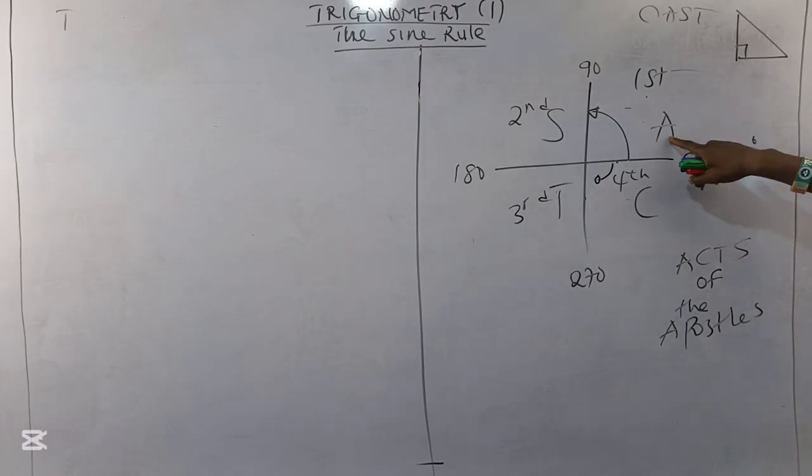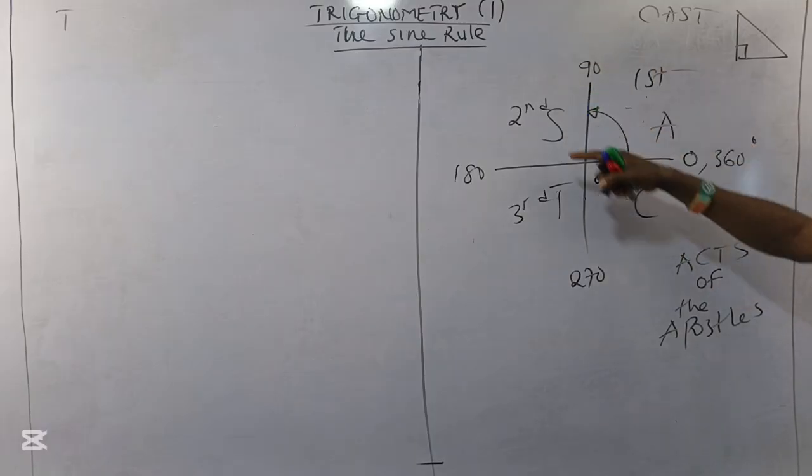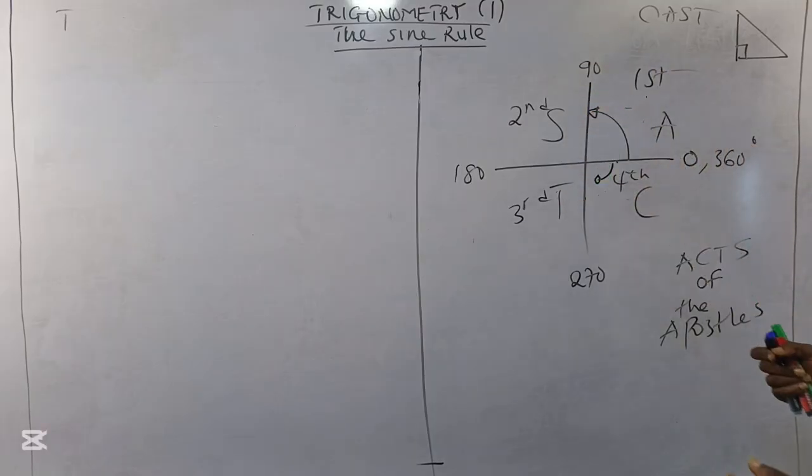You understand? A, C, T, S. Some people can put C here, put A here, and spell forward, CAST, C-A-S-T. It's a matter of how you understand it, but using ACTS is easier.